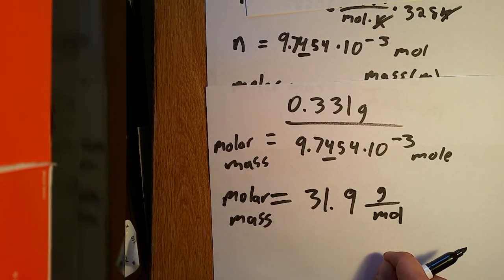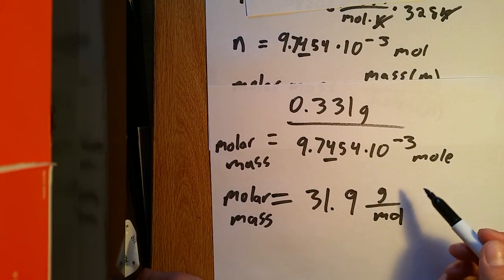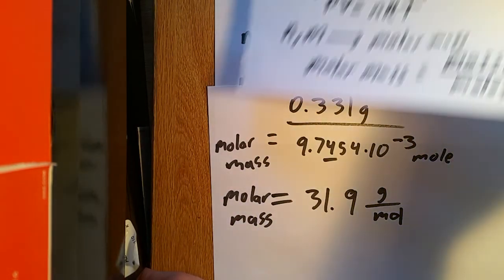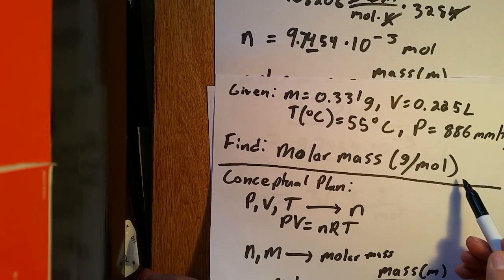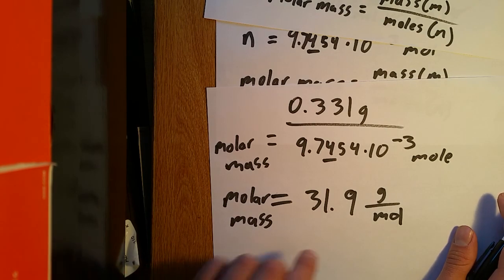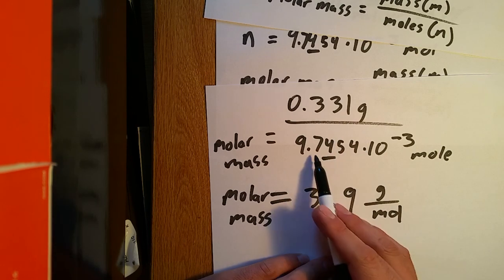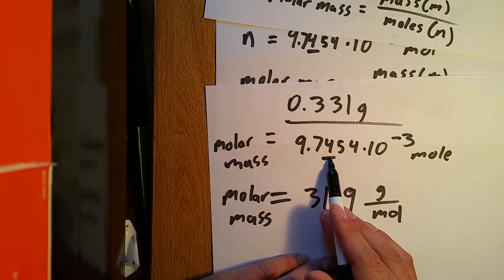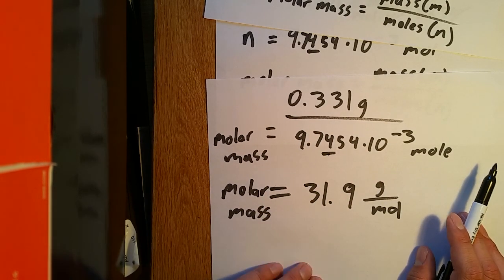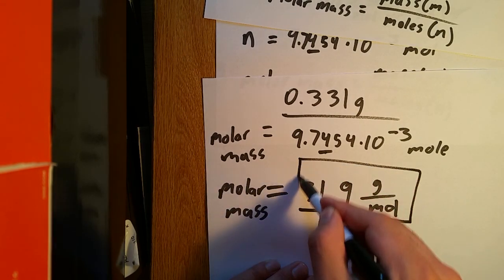We also want to check that our units are correct, because our question was asking us to solve for the molar mass of a gas, and molar mass is grams over moles, which is what we have here. Going back to sig figs, we have 3 sig figs up here, and because we're doing division, we only keep 3 sig figs. So your answer should come out to 31.9 grams per mole.